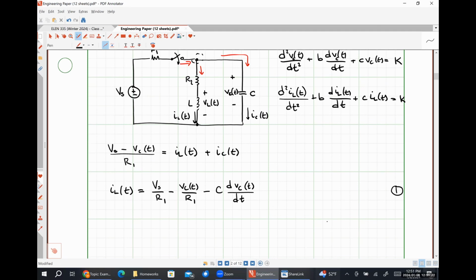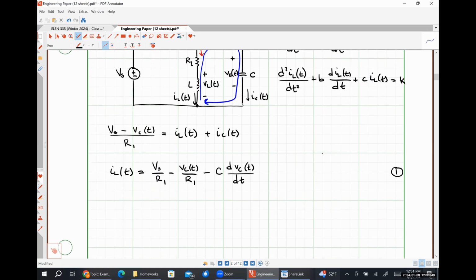The next thing that I might do is write a Kirchhoff's voltage law equation. And I'm going to choose to write my KVL equation around this path. I'm choosing this path in particular because I know that it's going to relate my inductor related quantities to my capacitor voltage, because all of that's going to show up in this KVL equation, right?